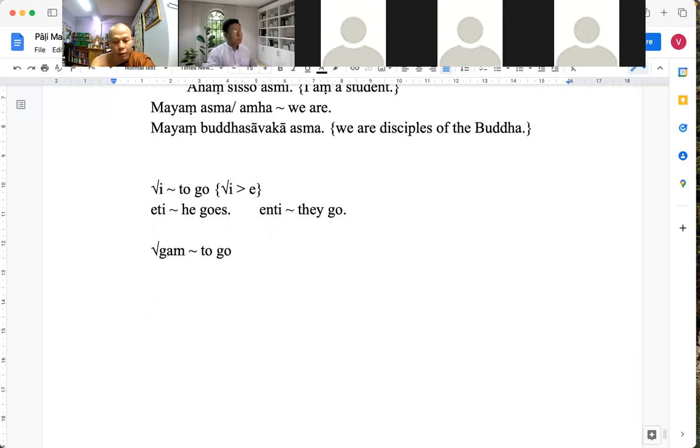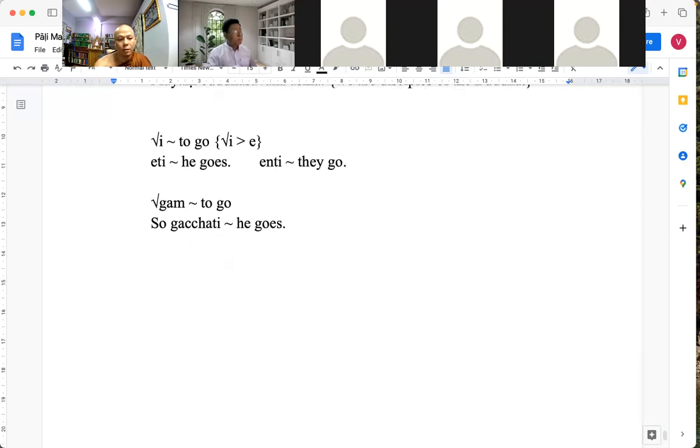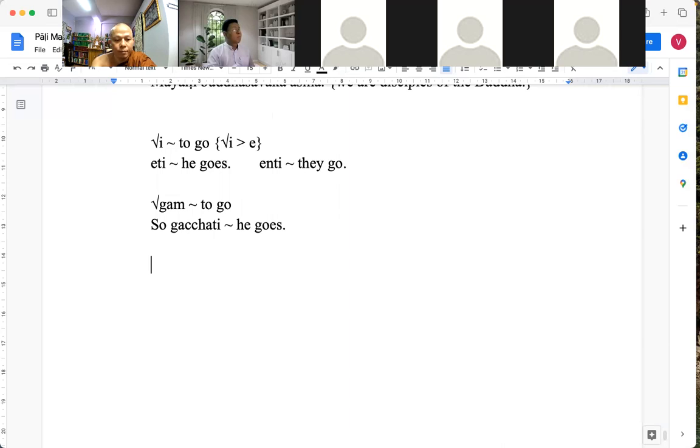So we have gacchati, he goes; we already learned that. But if we add a prefix to the root gam, the meaning changes to come: agacchati, he comes.